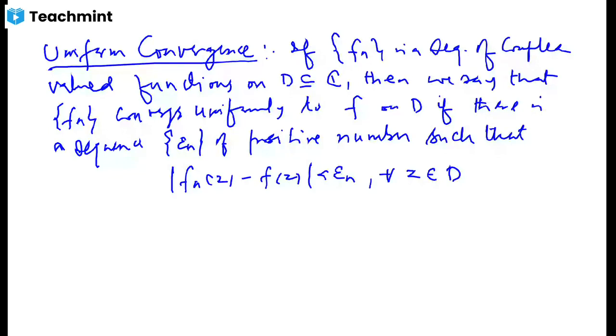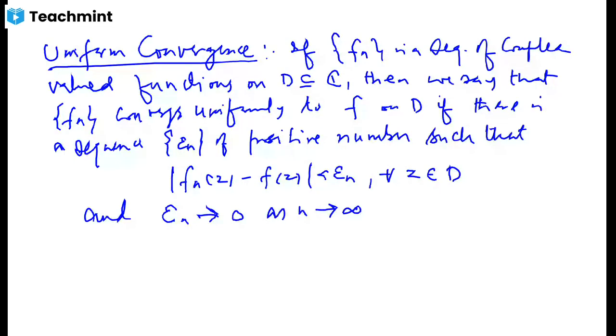Corresponding to this n, we are not changing epsilon n, but we have the liberty to change z. That means this estimate must hold for every z, and this sequence of positive numbers must converge to 0. This is a better way to write the definition of uniform convergence of a sequence.